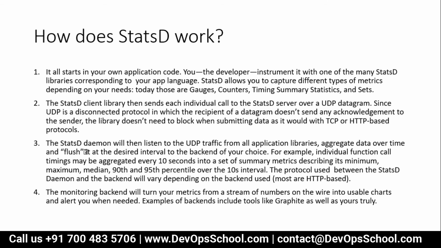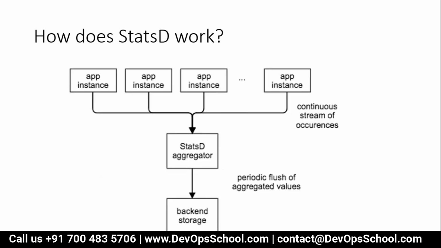These are the metrics it aggregates, and some percentiles also, like the 90th percentile and 95th percentile, and many other metrics which it processes. But why are we discussing it here? Look at this diagram, how StatsD works. The instrumented app sends the data to the StatsD aggregator, and the aggregated data you can store in the backend storage. That is how it happens.